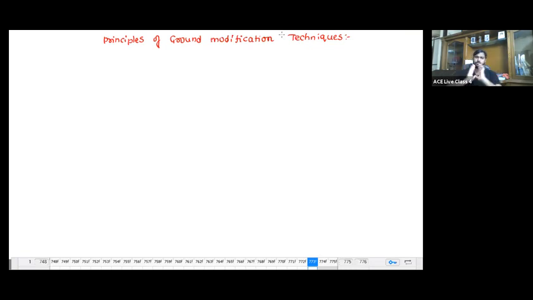At the same time, my client is asking me, sir, please construct in an economical way. So his situation is a low bearing capacity soil, the strength of the soil is very less, the load coming from the structure is very high, and he wants to get it done at less cost because he's a contractor. If he pays too much money from his pocket, who will pay that money?